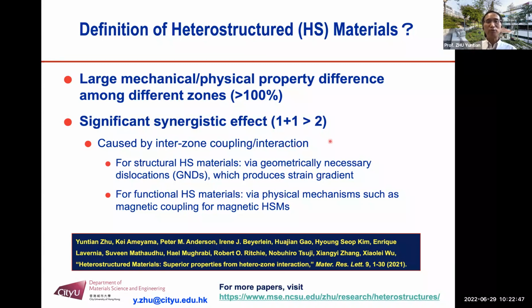What's the real mechanism for this coupling and the interaction? For structural materials, this is via geometrically necessary dislocations. We call that GNDs. These GNDs also produce strain gradient.